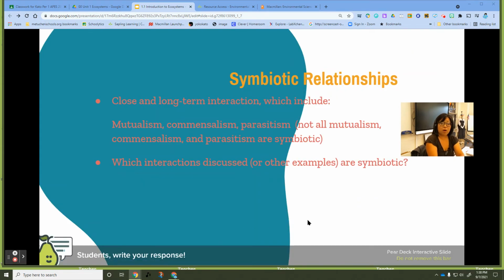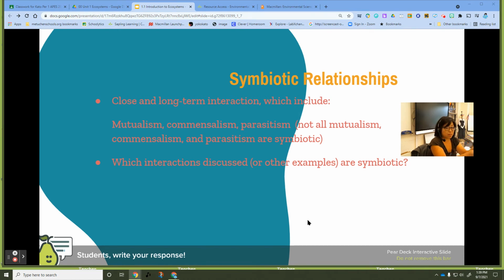Okay, so within these interactions, there are also something called symbiotic relationships. Now, symbiotic relationships are close and long-term interactions between these species. And although most of them are mutualists, it's not necessarily limited to mutualism, as long as they're close and long-term interactions.